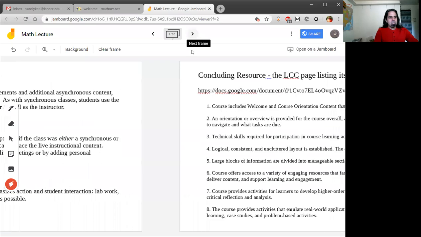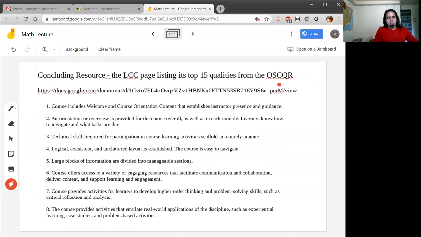Okay, moving on. There's this famous thing called OSCQR that you can Google yourself. And it's a set of standards for what makes a class good. Some of you have done the core learning outcomes task to earn that check mark. And that's LCC's own version of what makes a class worthwhile so that we can make sure all of our classes have something going for them.